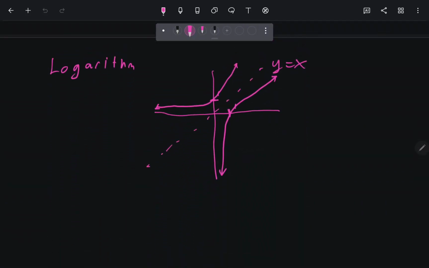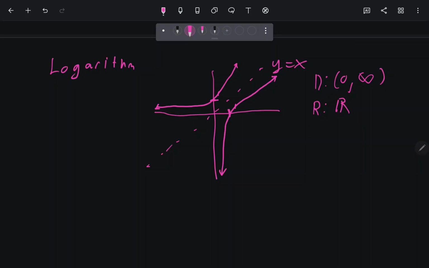And we see that our domain down here is 0 to infinity, and our range is all real numbers. So you can see that these functions are truly inverses of each other.